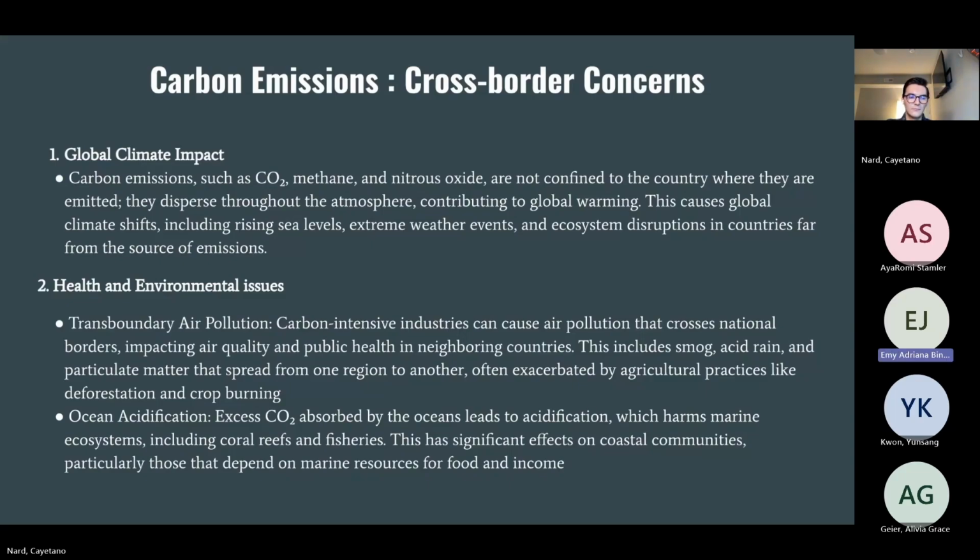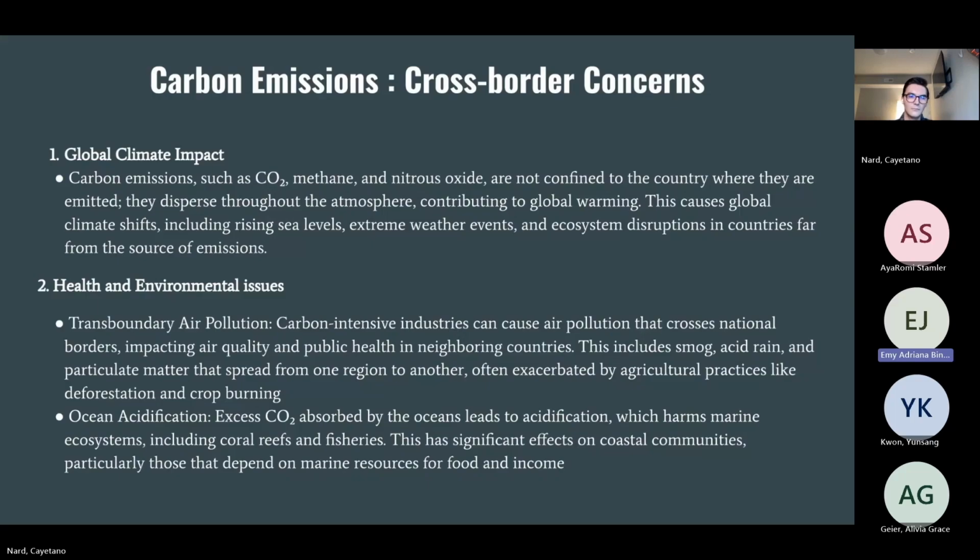They disperse throughout the atmosphere and contribute to global warming. This causes global climate shifts, including rising sea levels, extreme weather events, and ecosystem disruptions in countries far from the source of emission. It's like my neighbor is having global warming because of me burning my trash.